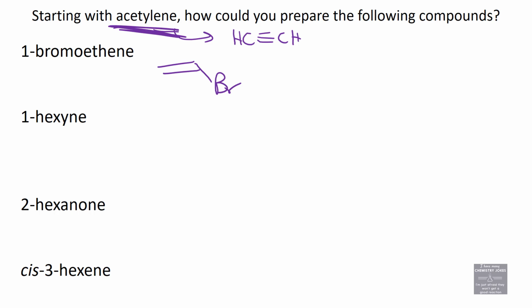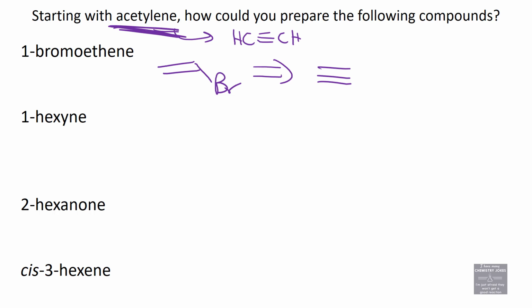Okay, so starting with acetylene, how would you prepare the following compounds? 1-bromoethene is what we're trying to synthesize from acetylene. Remember, this arrow means this comes from that.